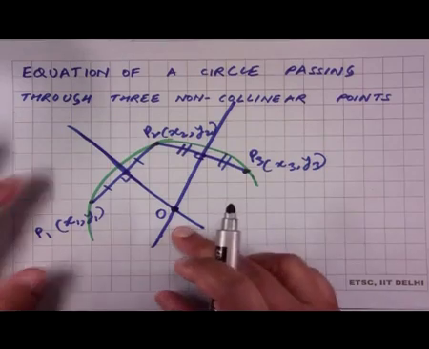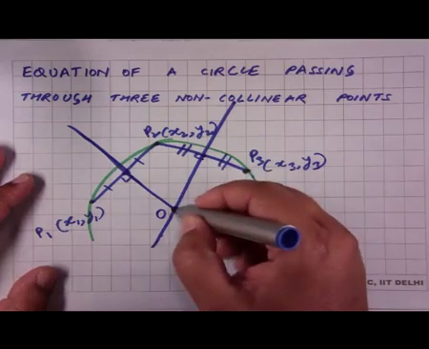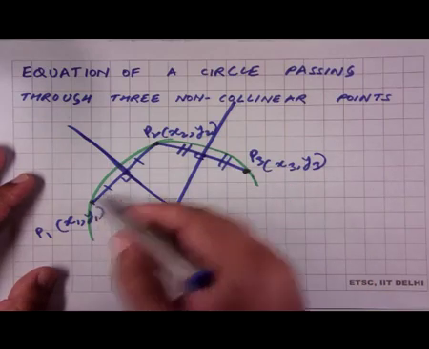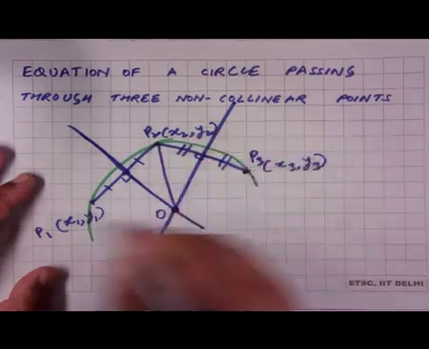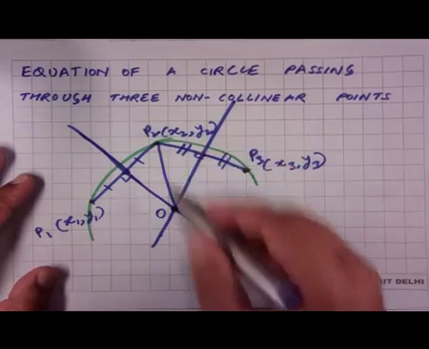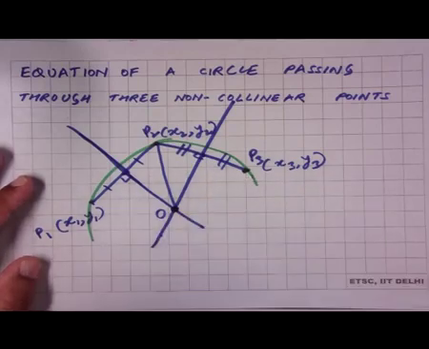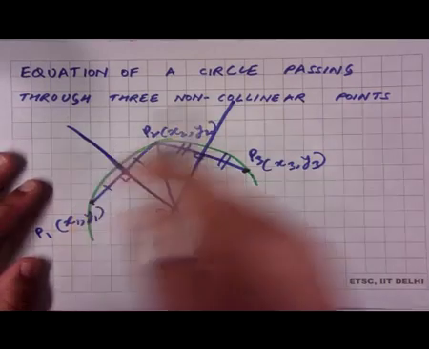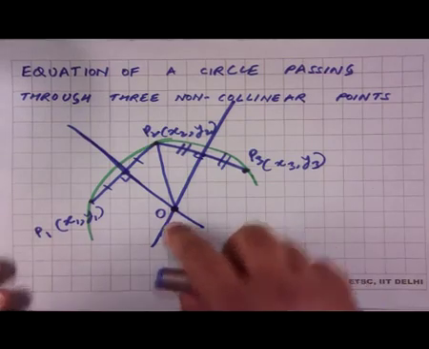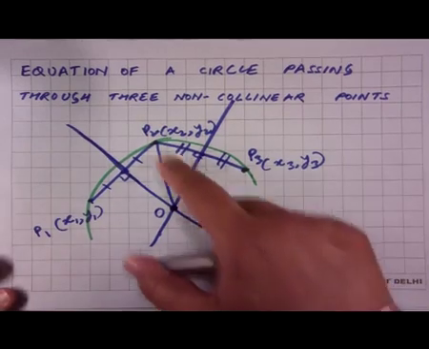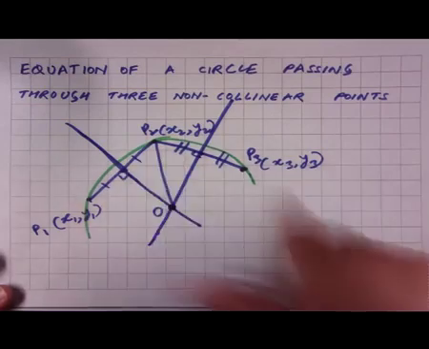Once we find the center, finding the radius is very easy. We can just measure the distance between this center and any of these 3 points. So OP1 will be equal to OP2, will be equal to OP3, and all of them will be equal to the radius of this circle. And once we know the coordinates of the center and the radius of the circle, we can write the equation of the circle.